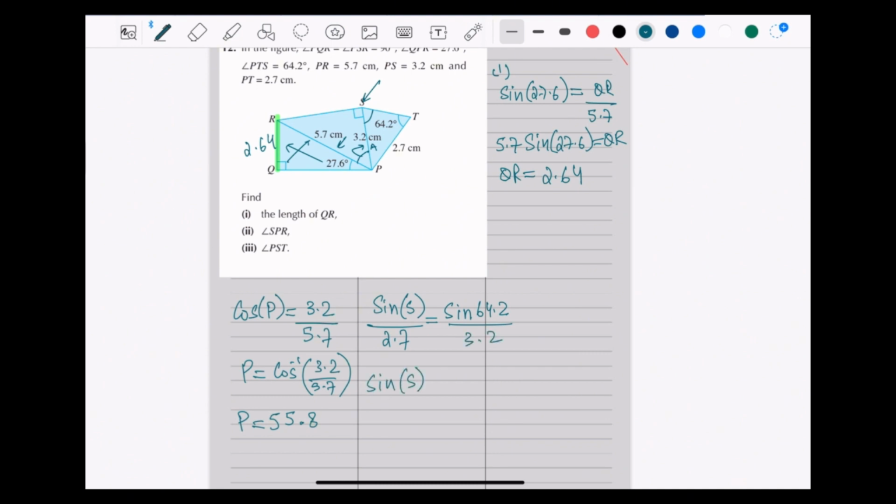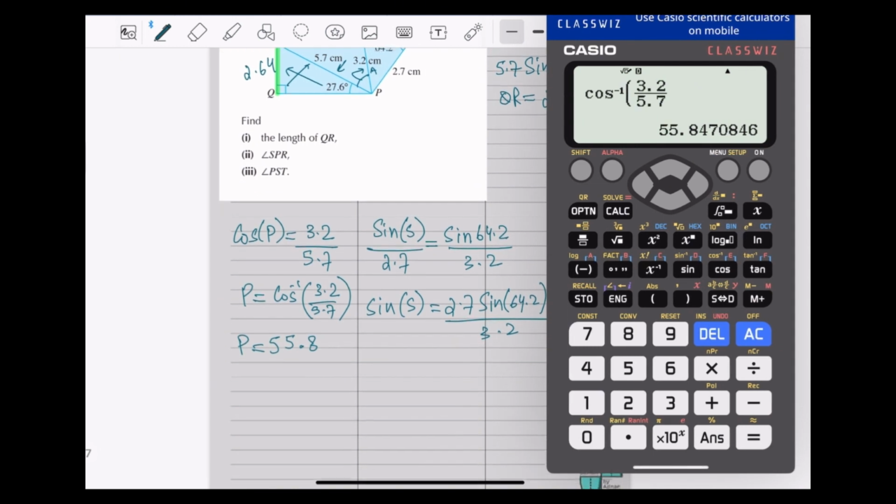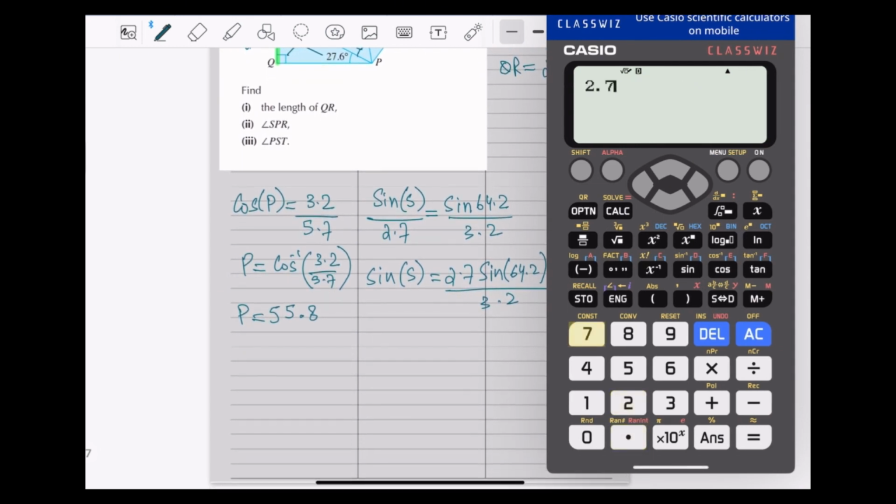Sine of angle S is going to be 2.7 sine of 64.2 over 3.2. So sine of angle S is 0.76, and if you want to find out S, it's going to be sine inverse of 0.76. S is going to be 49.4.